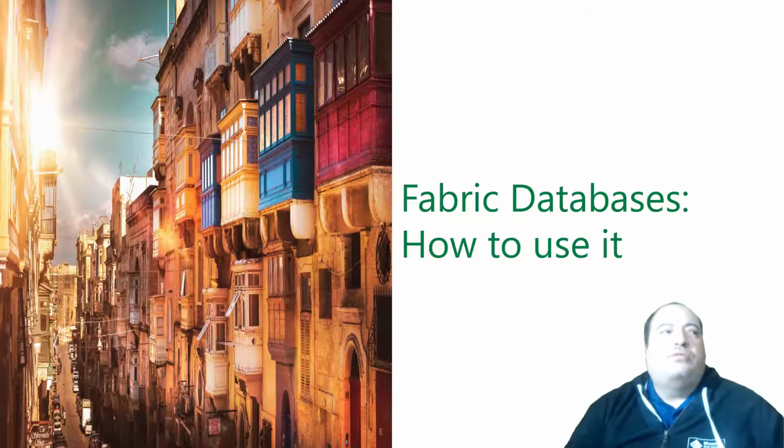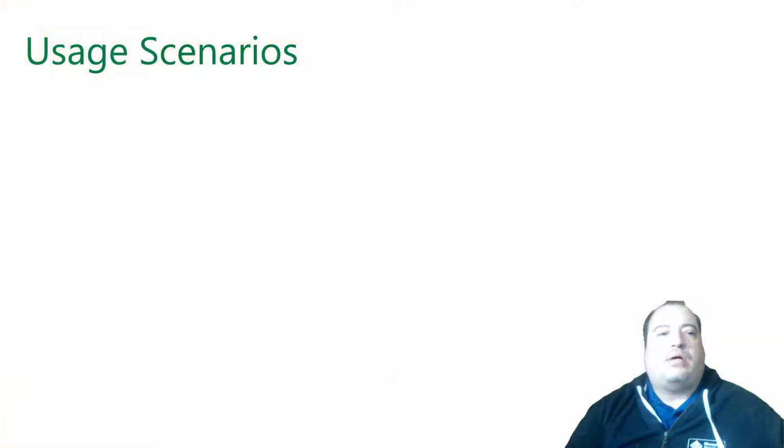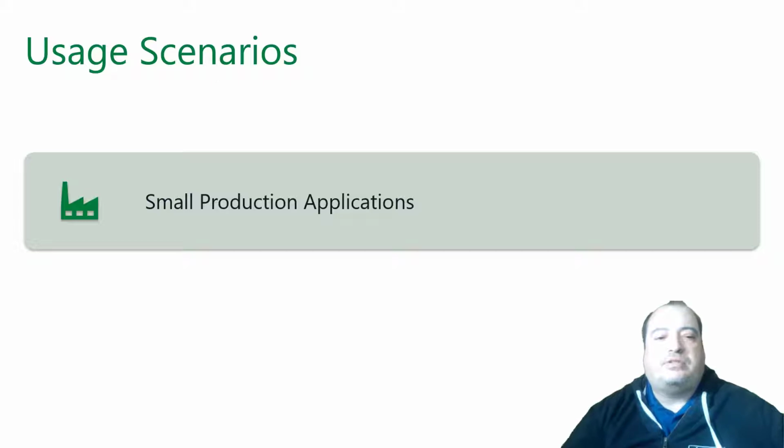How do we use this Fabric database? How should we use it? Well, there are many usage scenarios, but this is a very powerful feature, and a powerful feature like this has the potential to create bad scenarios and bad usage. So let's highlight some good, interesting scenarios. Small production applications.